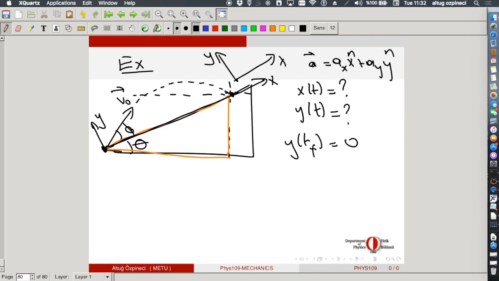Just like in a projectile motion, first the height increases and then decreases, and eventually it hits the ground. No displacement in the vertical direction. In this case, the object shouldn't be displaced in the y direction. Net displacement, though. Other questions?